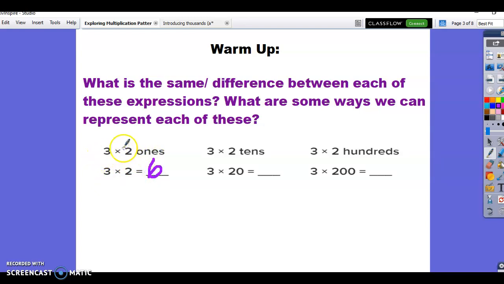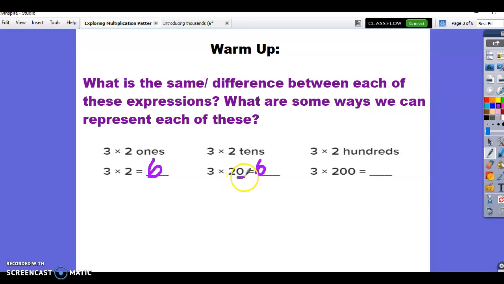If I know 3 times 2 is 6, then it makes it easier to multiply that same number by 2 sets of tens, and then by 2 sets of 100s. If I know my root, which is 3 times 2, I can start there with a 6.